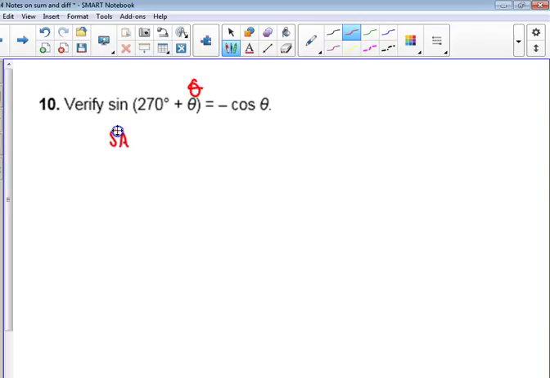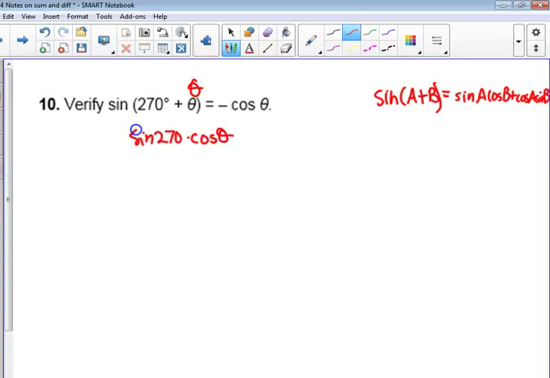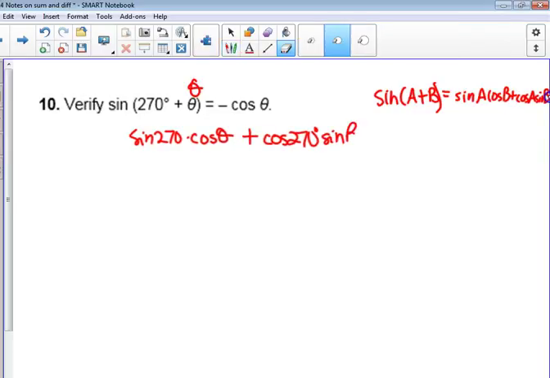So the rule, did I write it out right, guys?